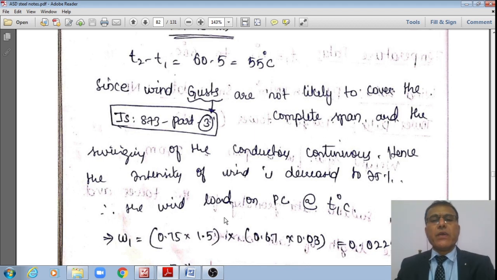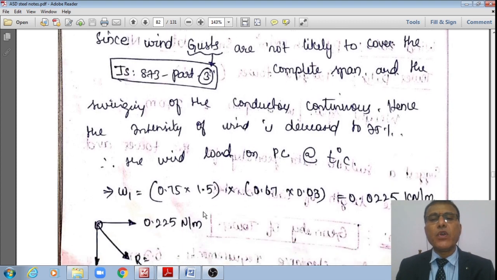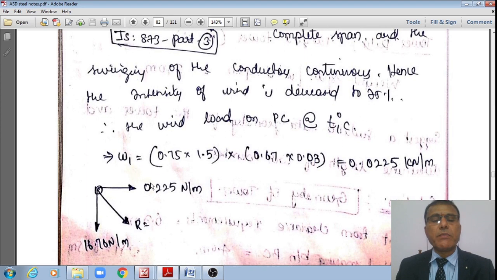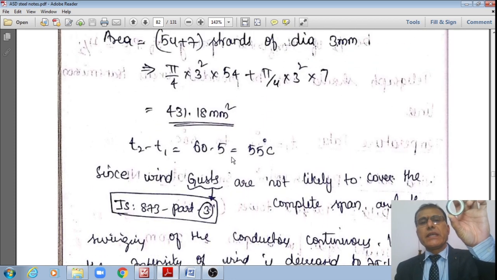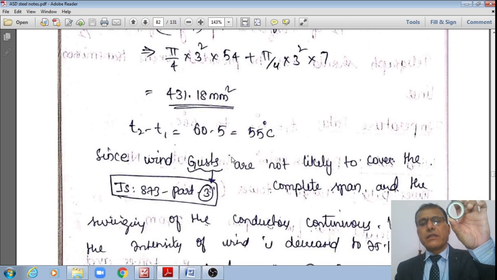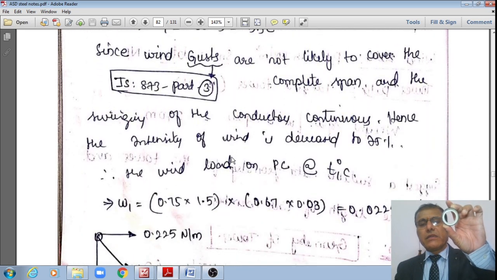And the wind load: now I need to calculate the wind load on the power conductor at lesser temperature T1 degree centigrade. W1 is equal to 75% of 1.5 kilonewton per meter square, multiplied by the shape factor of this power conductor, circular shape, which is 2 by 3, and the diameter of this is 30 mm or 0.03 meters.